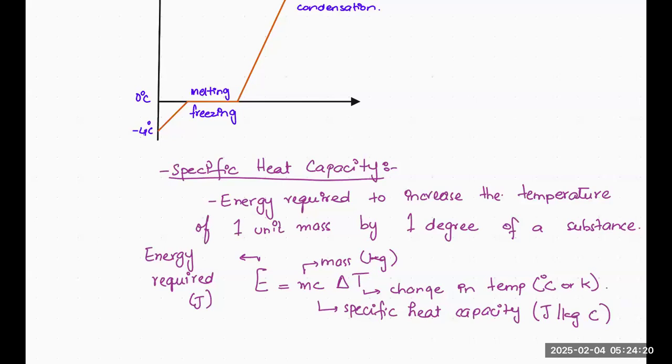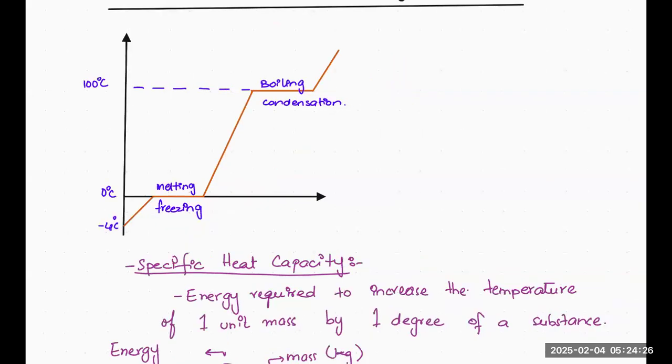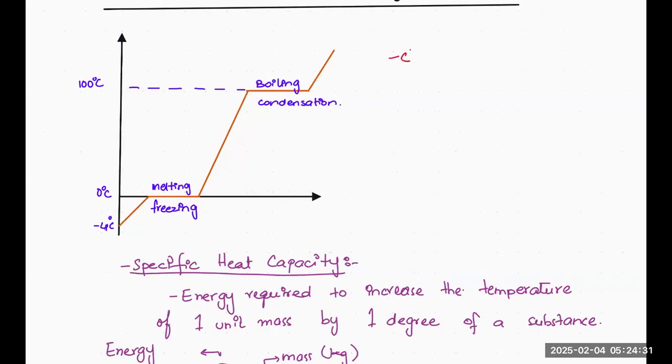And you will notice that that happens specifically when there is a change in state. When there is a change in state, there is no rise in temperature. Why is it that when there is a change in state, there is no rise in temperature?